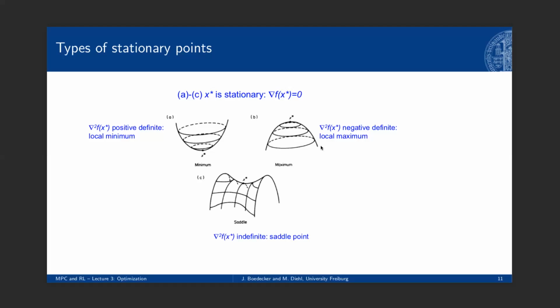And then you have these saddle points where the Hessian matrix is indefinite. That means you have some positive and some negative curvature directions. And these saddle points obviously aren't minimizers nor maximizers. They are just saddle points. They look a bit like a saddle, that's why they are called saddle points.